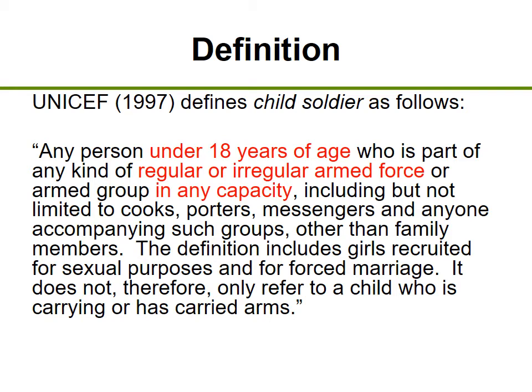Or they could have actually been on the front line, but any capacity counts. The definition for UNICEF, of course, includes both men and women. But just to keep the statistics easier, so I didn't have to tease out gender effects on trust and trustworthiness, I stuck only to men in my study.